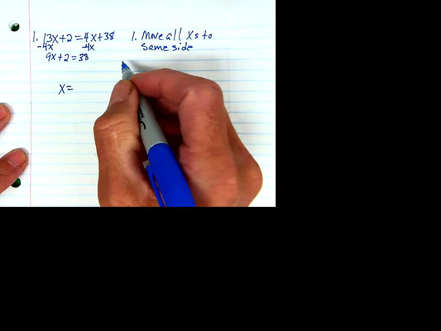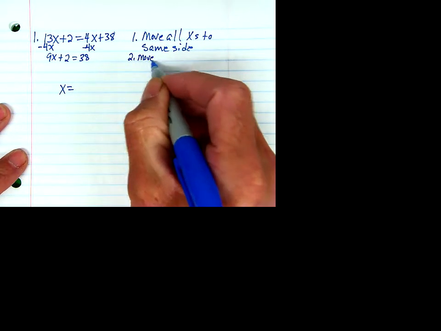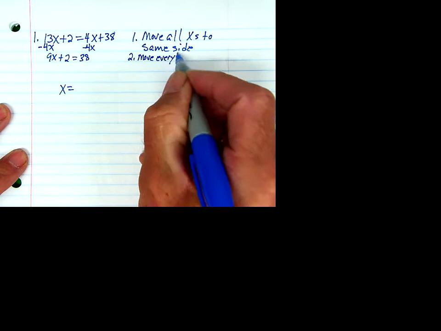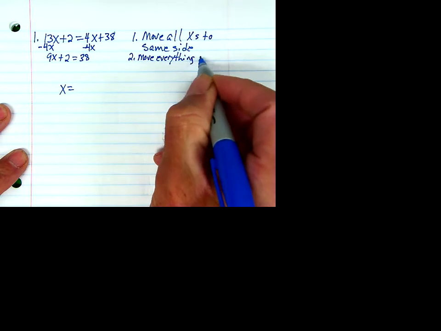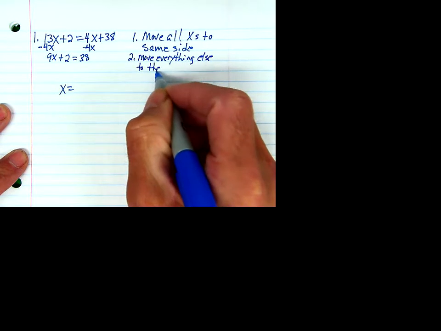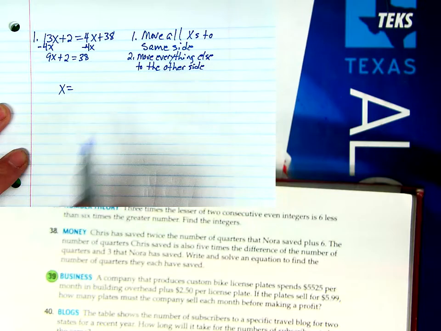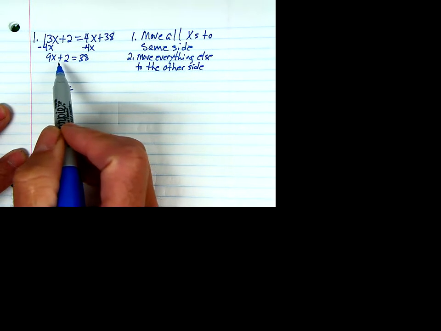Now it's time for step 2. Move everything else to the other side. The everything else is this plus 2 right here.